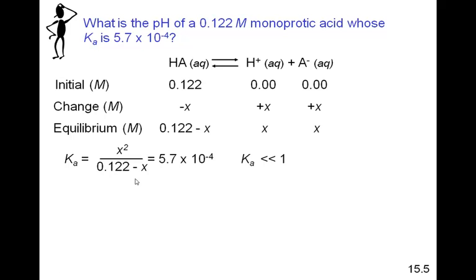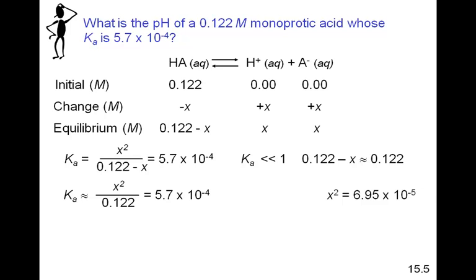Assuming that our Ka is really, really small, and that X, for all intents and purposes, compared to 0.122 is really not going to make a difference. So when we subtract the two, we're going to get approximately 0.122 anyway. And so we get rid of the X, and then therefore the Ka is approximately equal to X squared over 0.122. Solving for X squared, and then for X we get 0.0083.